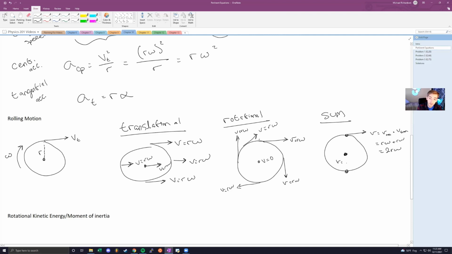Well, our rotational is 0 in this case, so it's only going to be dominated by its translational aspect, which is just r omega. And then when we get down to the bottom here, if we draw both of the vectors, we see that one is pointing all the way in the negative x direction, one's pointing in the positive x direction, each with magnitude r omega. Well, they're going to cancel each other, so we find that the velocity all the way at the bottom is 0 when we sum them all together.